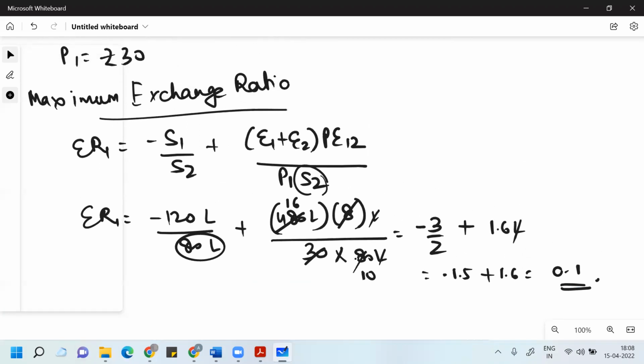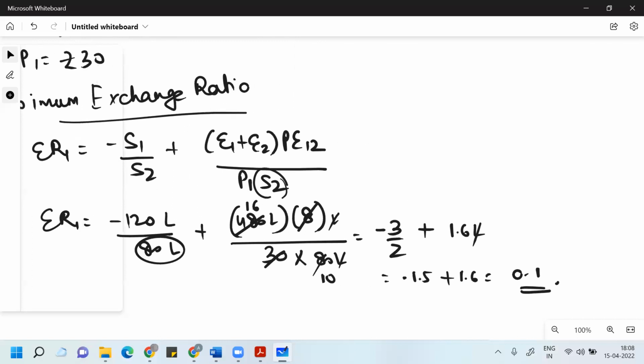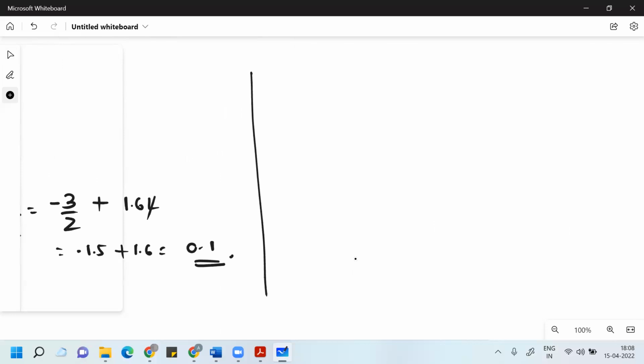Clear, guys? Any doubt, anyone? Similarly, they will ask you the minimum exchange ratio.